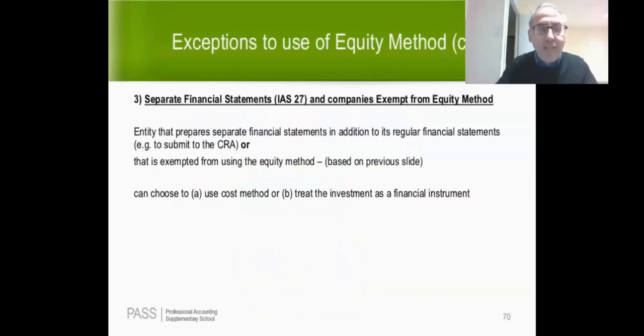Now, separate financial statements, we saw this concept when we were dealing with consolidations. A company may use the equity method when they have significant influence for their statutory, not consolidated, financial statements.